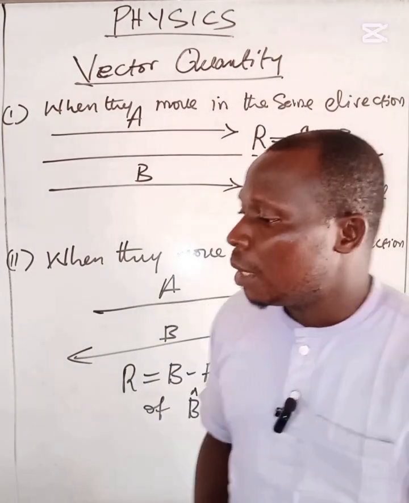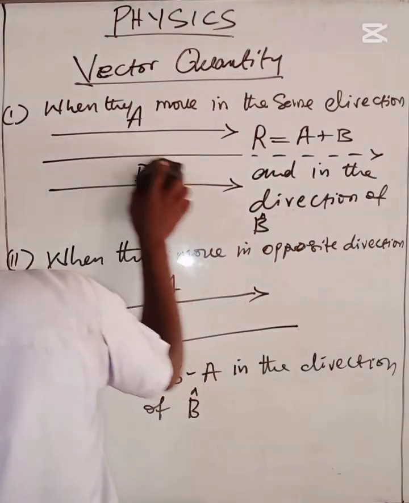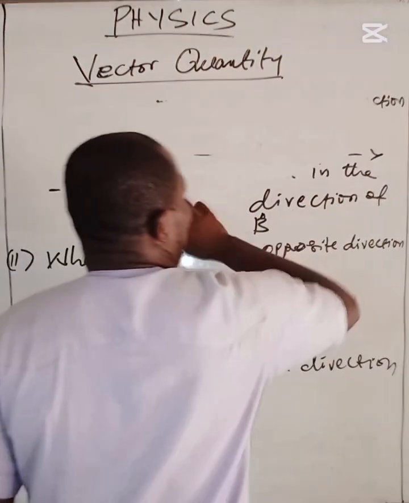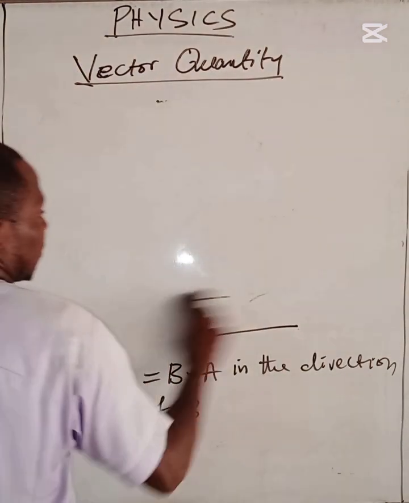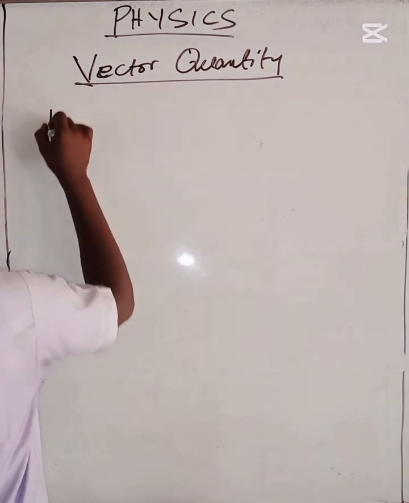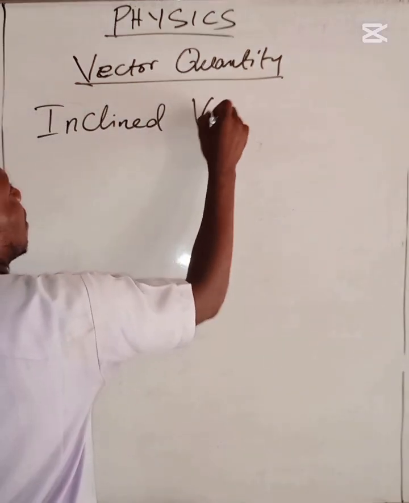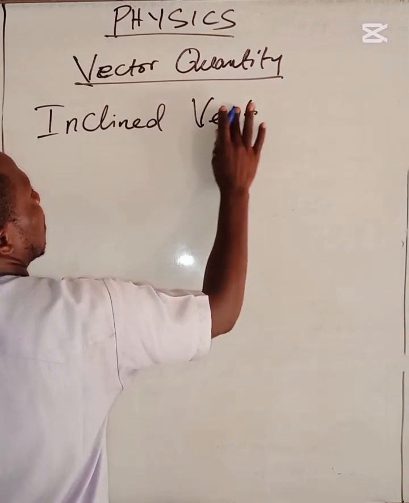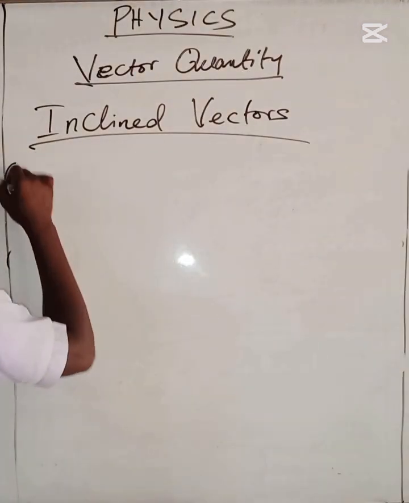Okay? Now, let's take when the vectors are inclined at an angle to each other. We call that inclined vectors. So let's take case one.